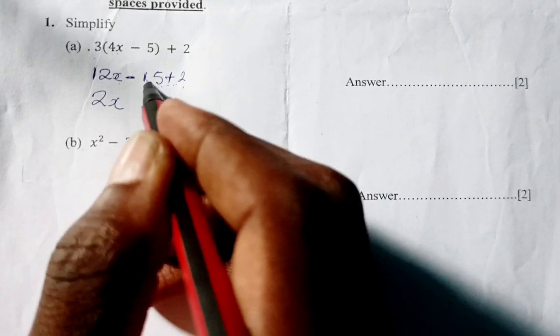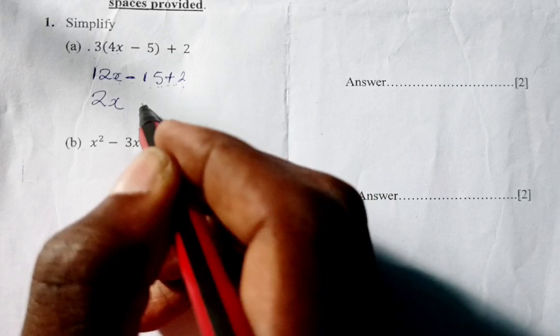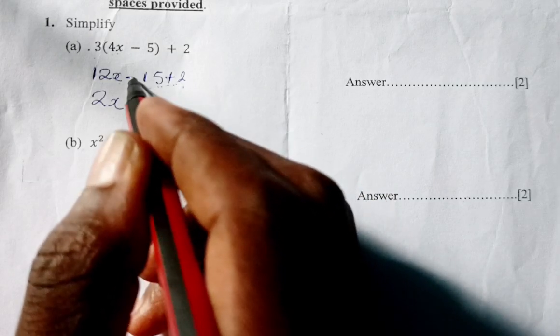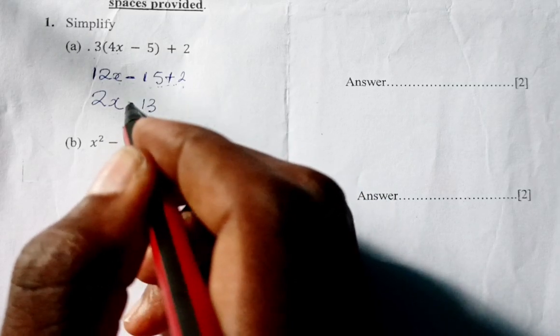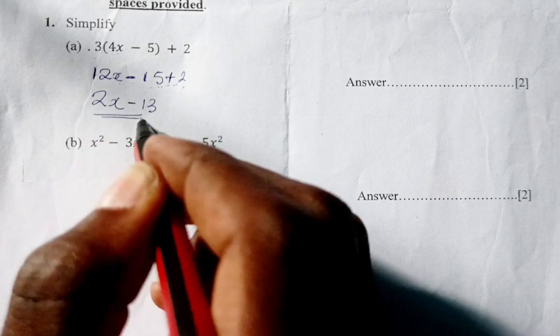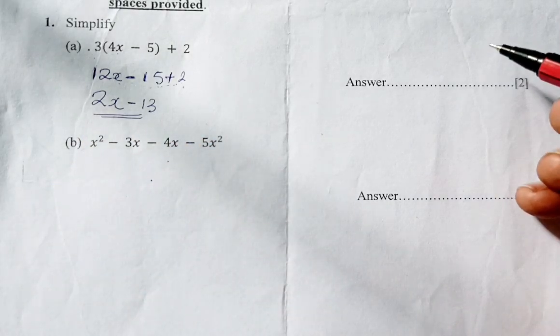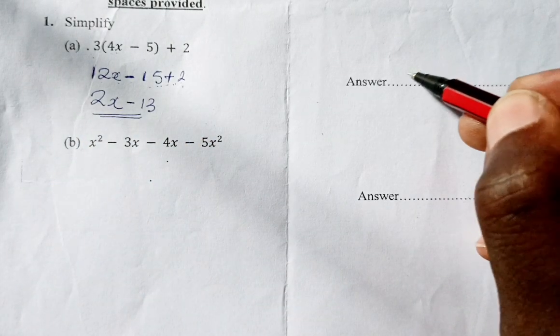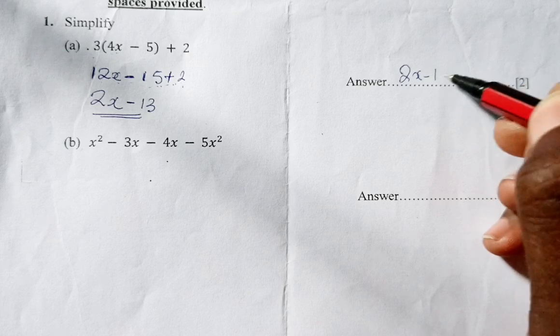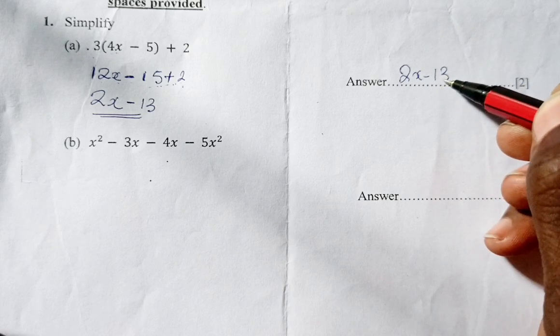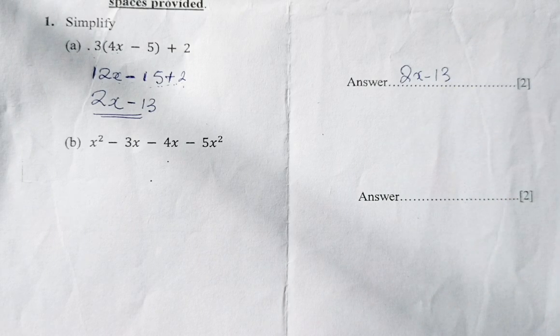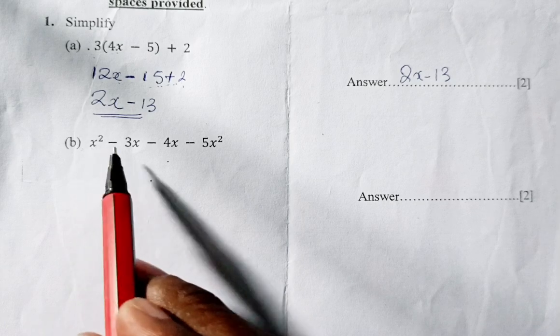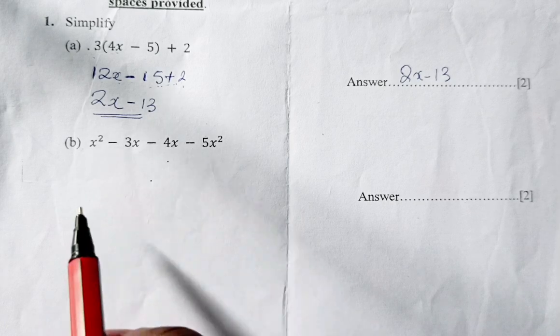Then 15 and 2, we are going to subtract like normal, which is 13. But the sign is coming from 15, which is negative. So you indicate your answer as 12x minus 13.